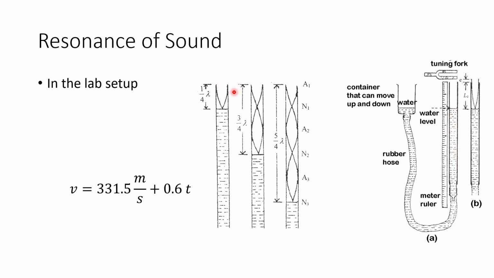Resonance happens whenever the crest of the wave hits the bottom and then comes back, so peak to peak, it's going to constructively interfere. And if you go further, you're going to have another wavelength that also has constructive interference.